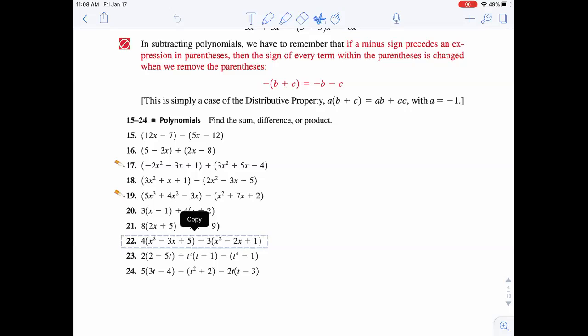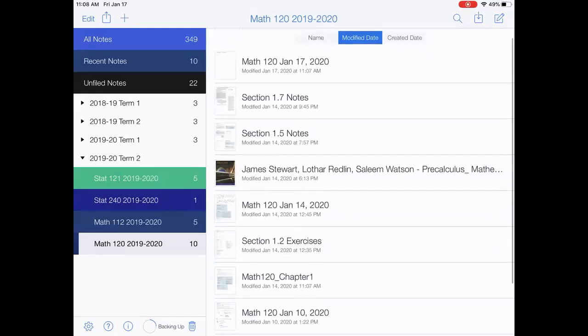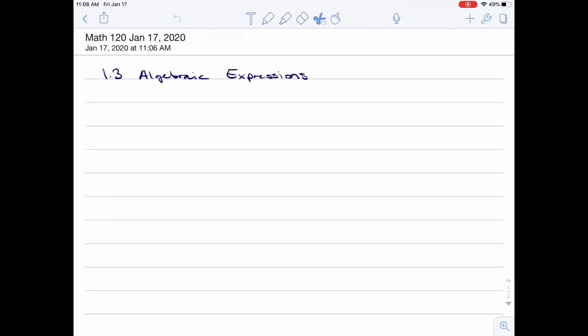Essentially, just expand this. And so I'll say that this, we're going to expand. And then I'll just paste it in. 22.